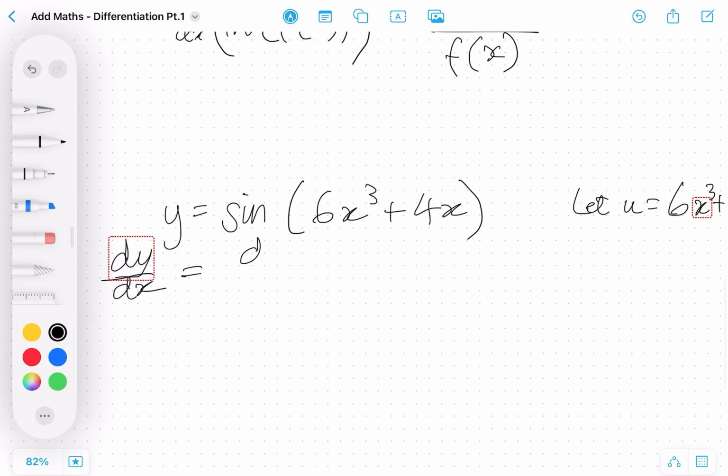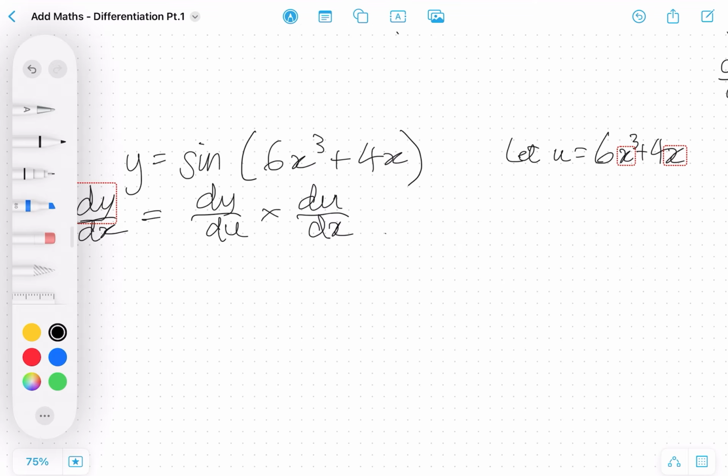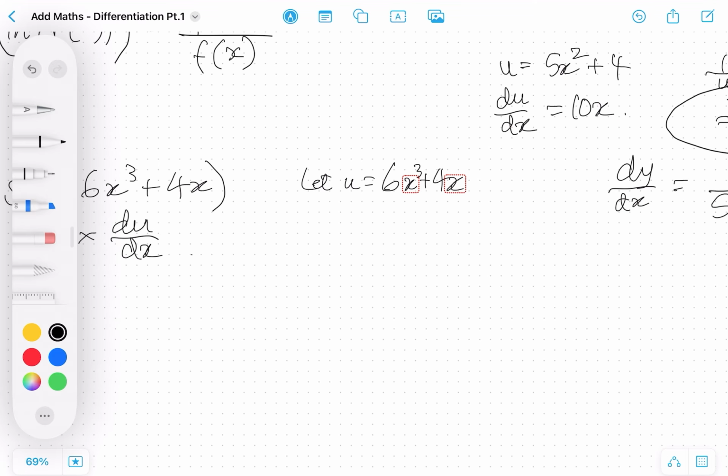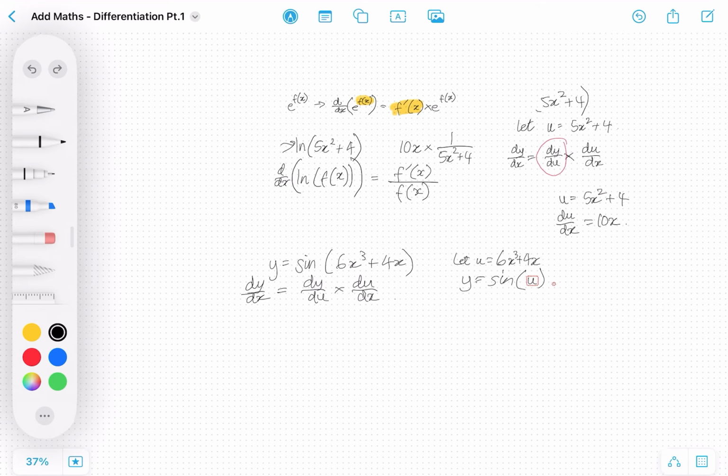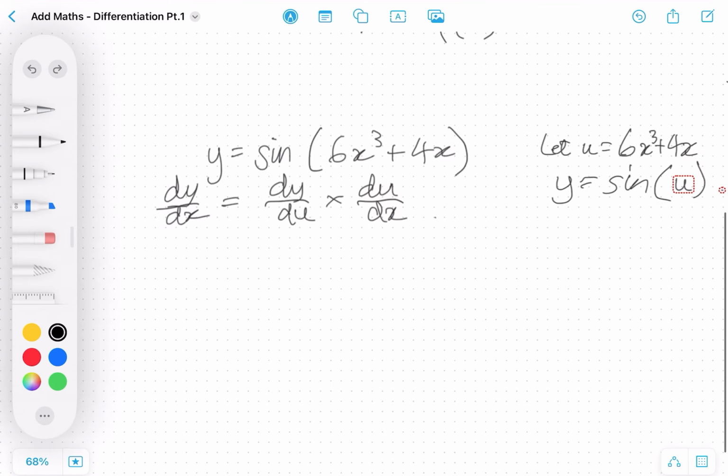Now from our chain rule, we know that dy by dx equals dy by du multiplied by du by dx. So now we know that y is equal to sine of u, so dy by du is just cosine of u, as we know from our table above.